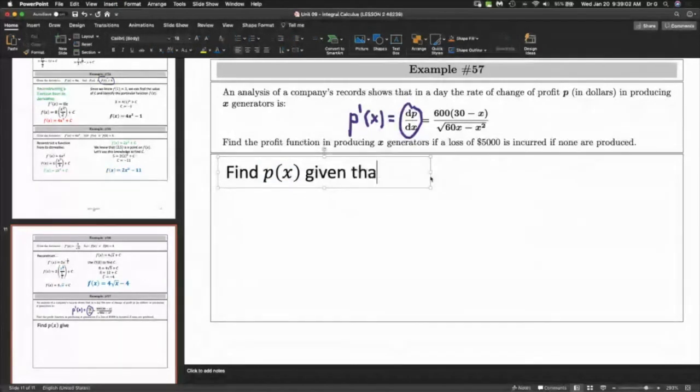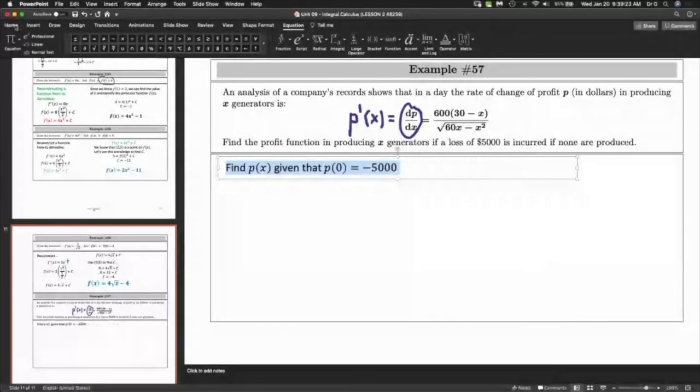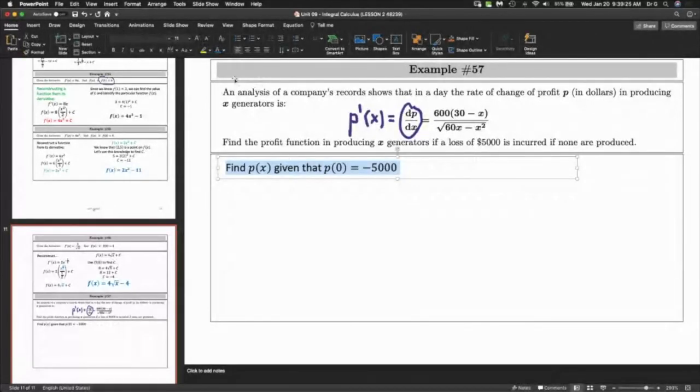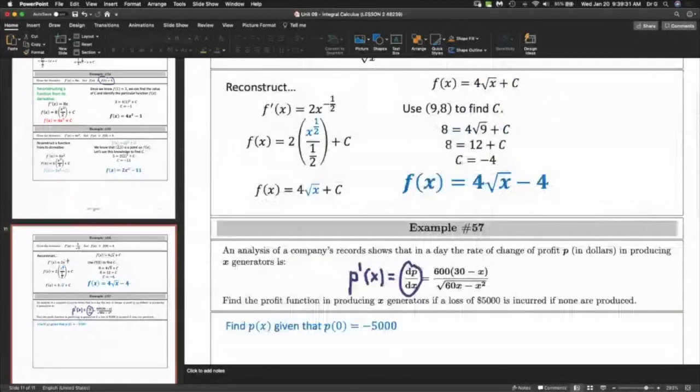Given that, okay, now the question says here, if you do not produce any generators, so this thing about a loss of 5,000, that's saying that the profit for producing 0 generators is negative 5,000. There, I've turned the question into something more benign, something more boring, like the previous question.